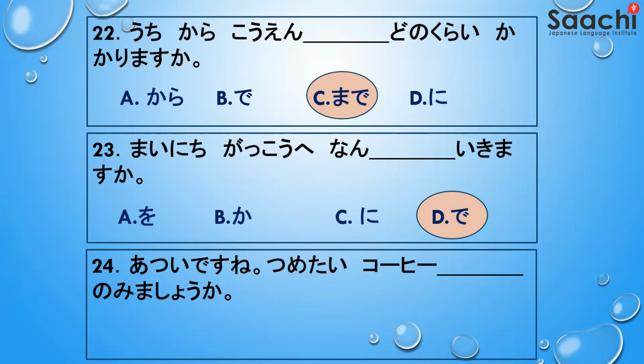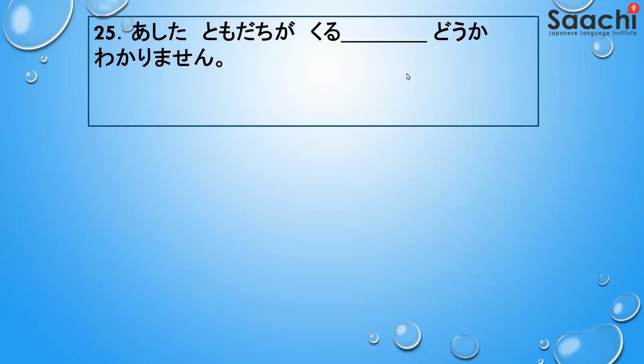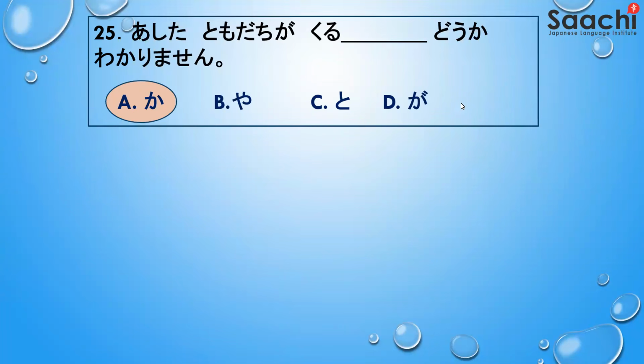暑いですね。冷たいコーヒー飲みましょうか？答えは、冷たいコーヒーを飲みましょうか？明日友達が来る。どうかわかりません。か、や、と、が。答えは、来るかどうか。Dictionary form かどうか。Grammar is whether or not.